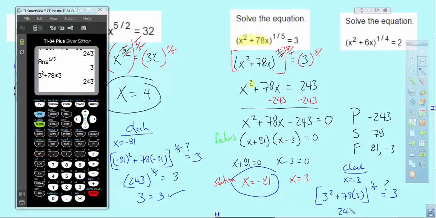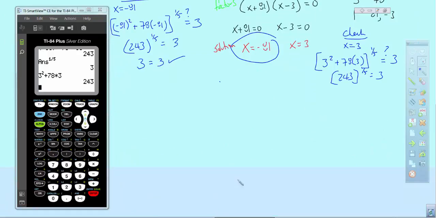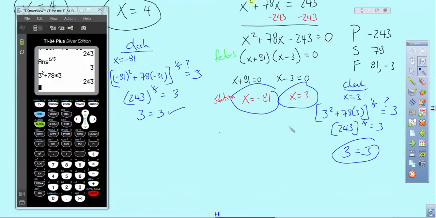That's 243, and if you're seeing the pattern here, the 5th root of 243 is going to be equal to 3, so 3 equals 3, so sure enough, both of these are our solutions, negative 81 and positive 3. Alright, so that's taking care of rational equations with rational exponents.